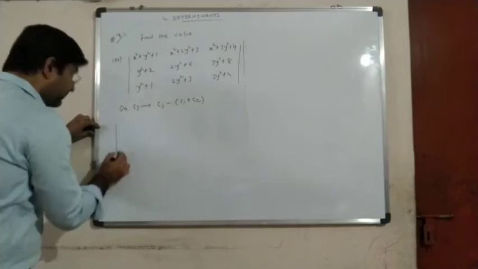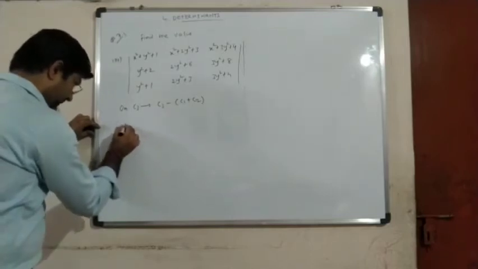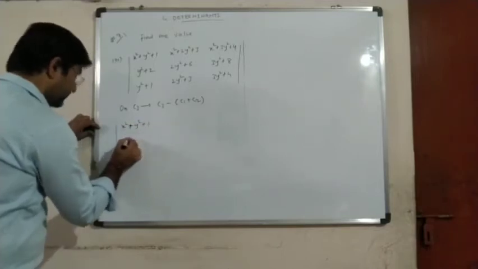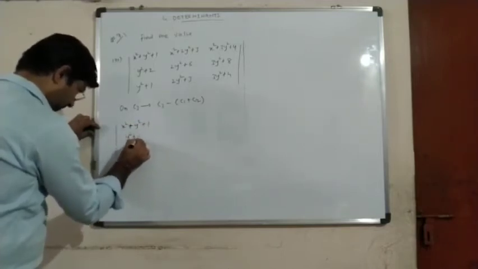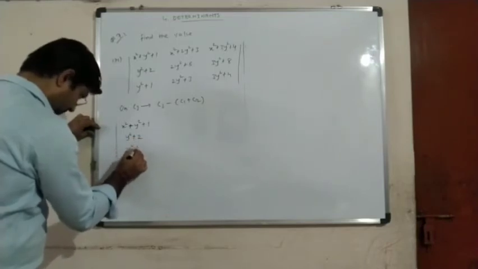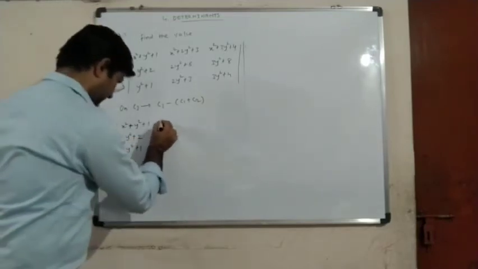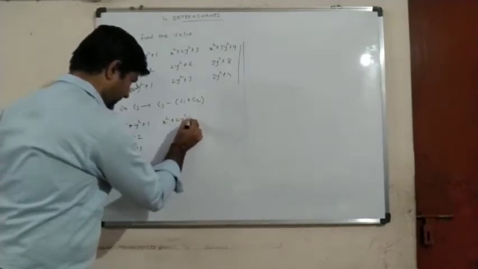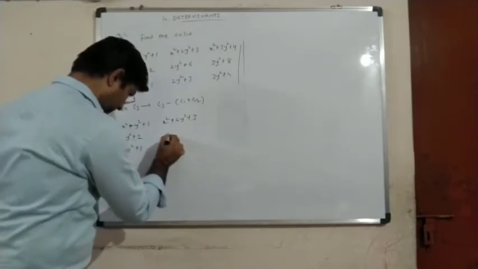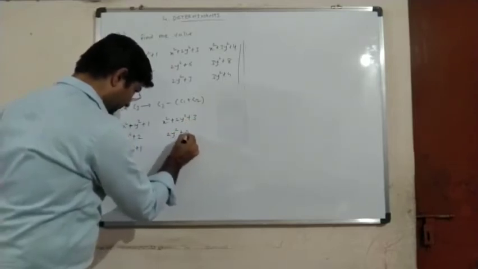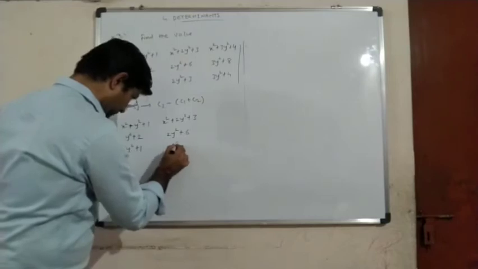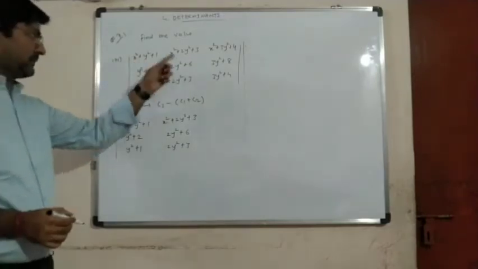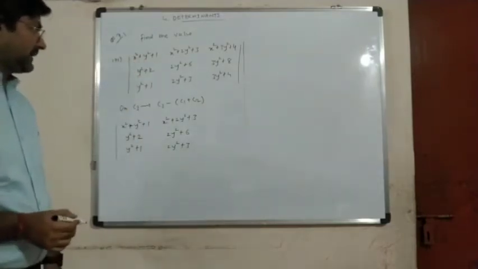The first and second column will be as it is: x square plus y square plus 1, y square plus 2, y square plus 1; again x square plus 2y square plus 3, 2y square plus 6, 2y square plus 3.